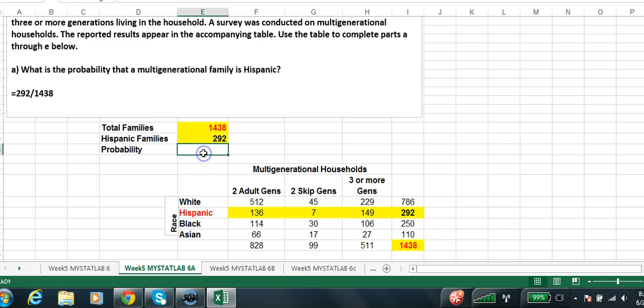So to find the probability, we're going to go equal 292 divided by 1,438, press enter. And we find that the probability that a multi-generational family identified as Hispanic is 0.203.